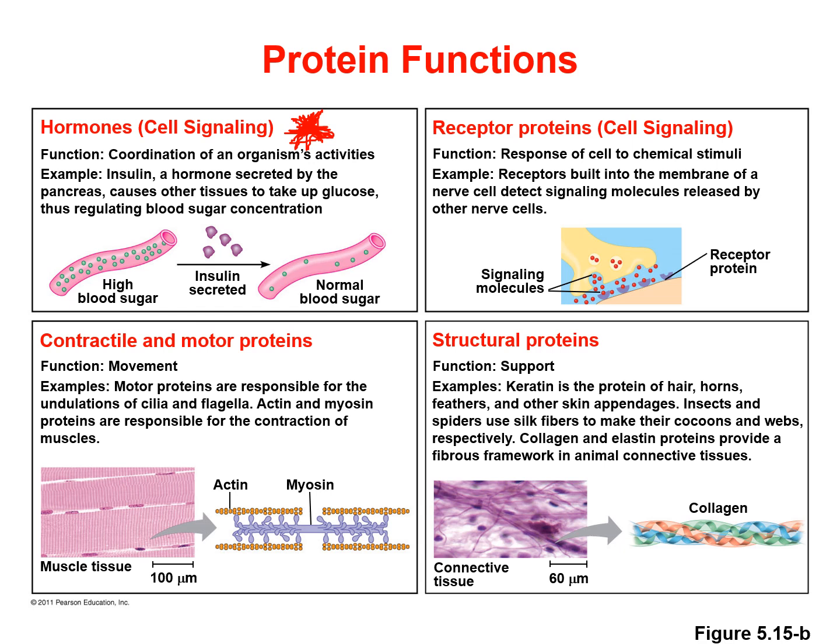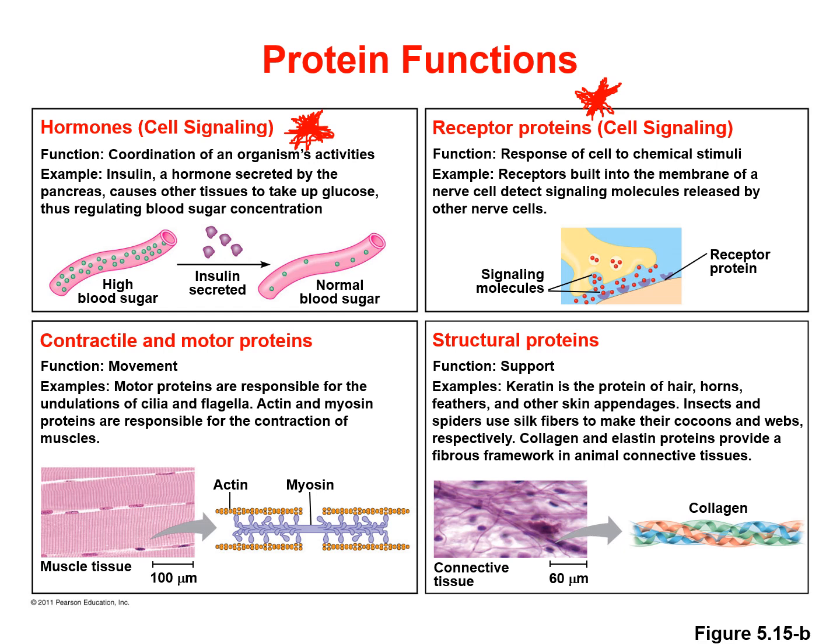And then a lot of the receptors on your cells that bind to the hormones or other messengers like neurotransmitters are made out of proteins as well. The contractile proteins in your skeletal muscles that allow you to contract your muscles are made out of proteins.